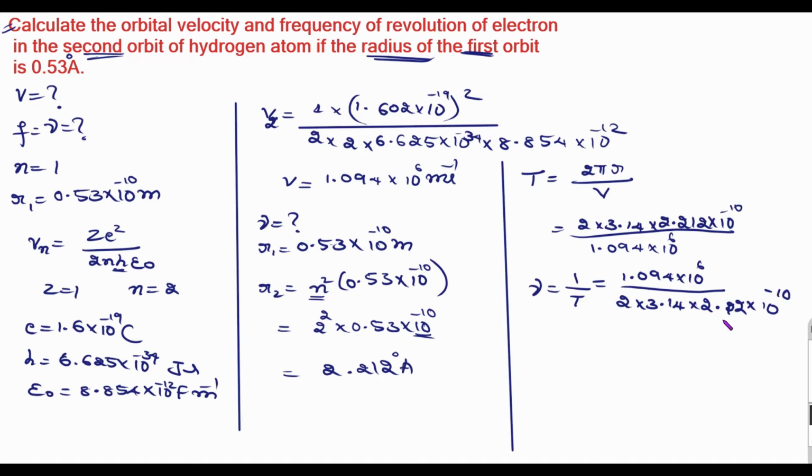Sorry, when calculated the radius is 2.12 angstrom, and here also you will get 2.12, so substitute 2.12 here as well. So if you solve this you will get the value of frequency as 8.213 into 10 to the power of 14, and the unit of frequency is hertz. So this is the final answer.